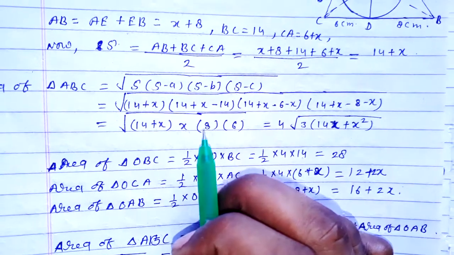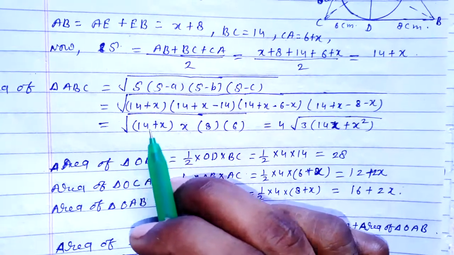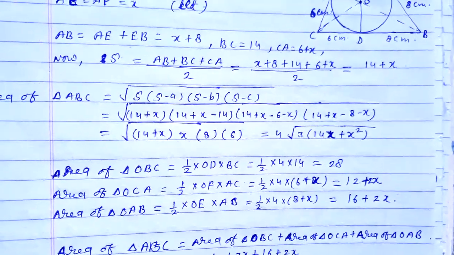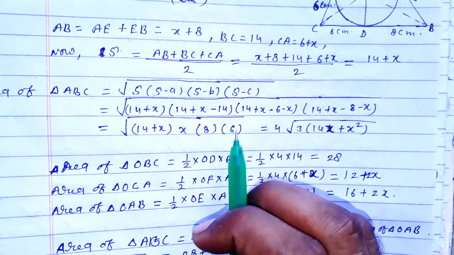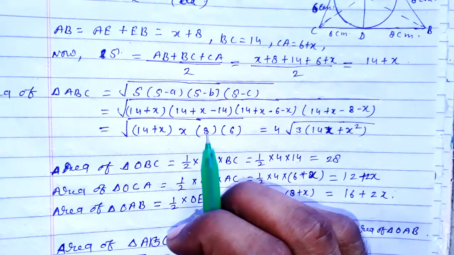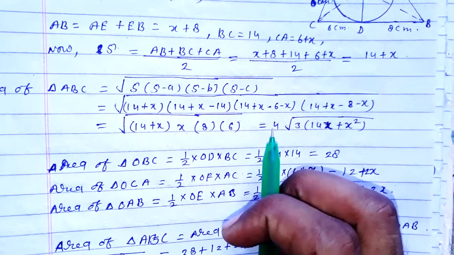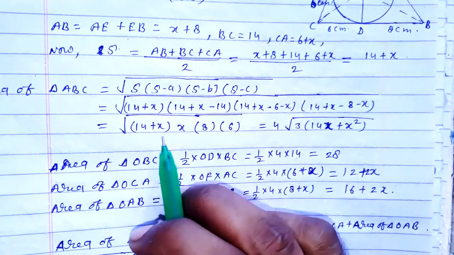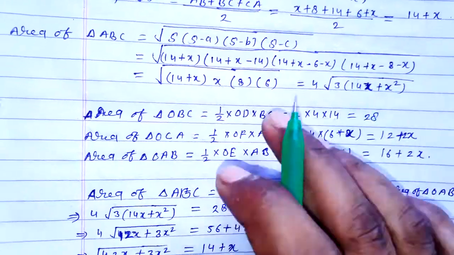So the square root of these values: x times 8 times 6, which is 2 into 3 into 8, 2 into 8 is 16, the square root of 16 is 4, so 4 is here, and the value is 3 and 14x plus x squared. So this value is complete.